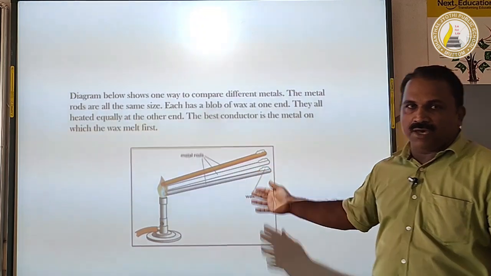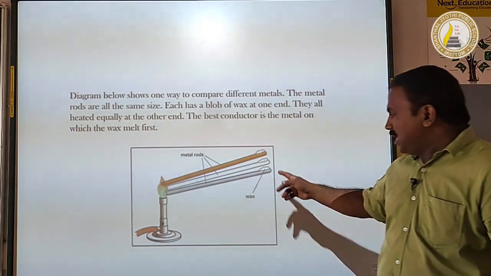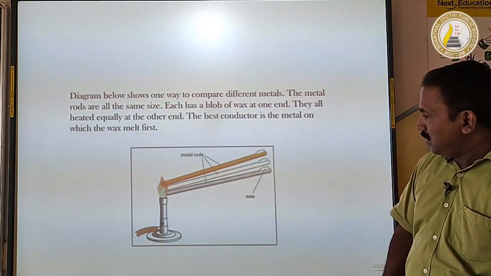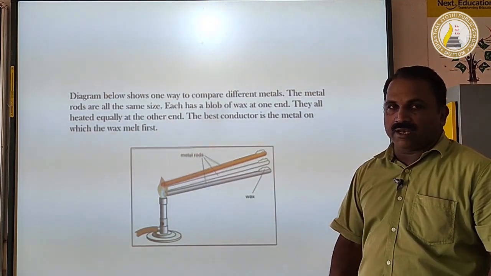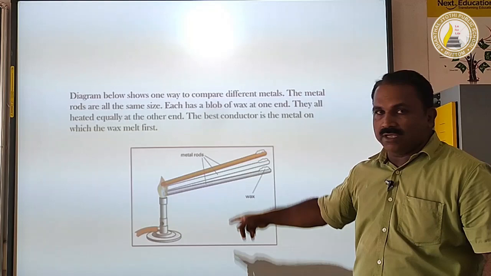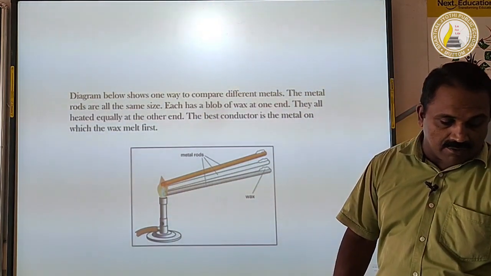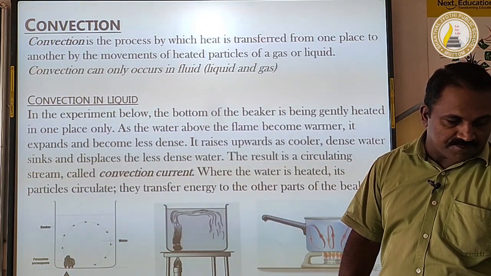Some metals are not that good a conductor, and that wax will melt last. So by the melting of the wax we can compare the conductivity of the metals. So different metals have different conductivity.